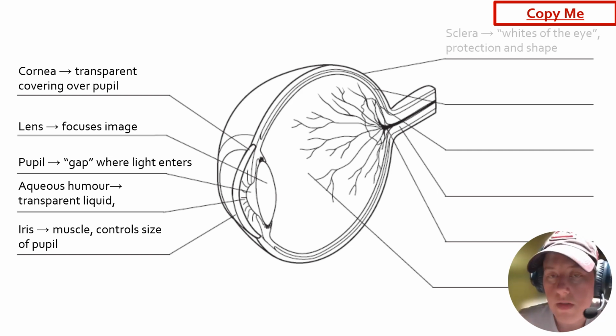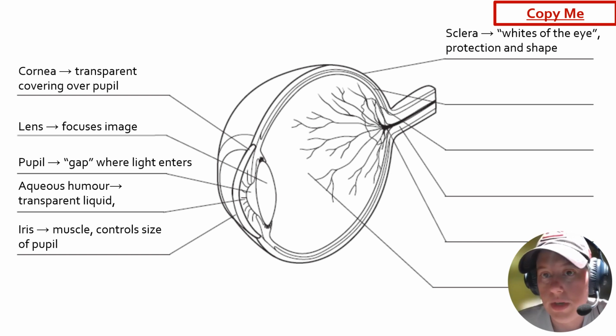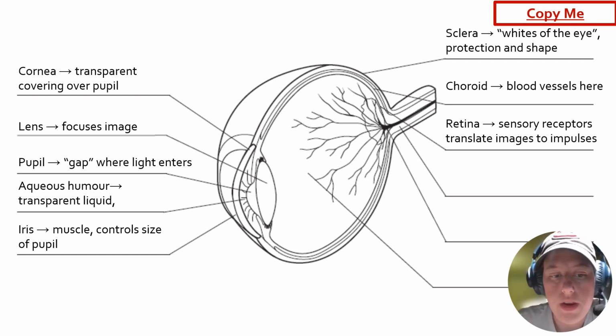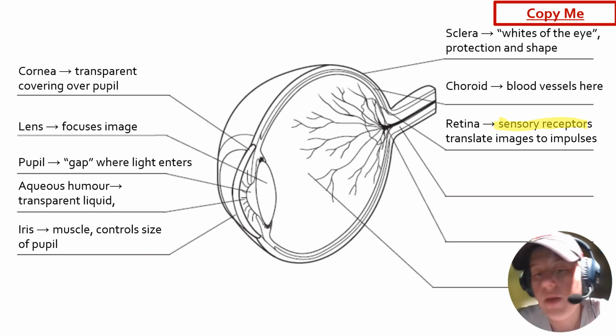Then if we look at the back of the eye, we have the sclera, the whites of the eye, as a form of protection and shape. We have the choroid, where we have our blood vessels. Then we have our retina, and the key thing about our retina is that it is the sensory receptor. And again, if we think back to our 3 types of nerve tissue, we have sensory receptors, sensory nerves, and motor nerves.